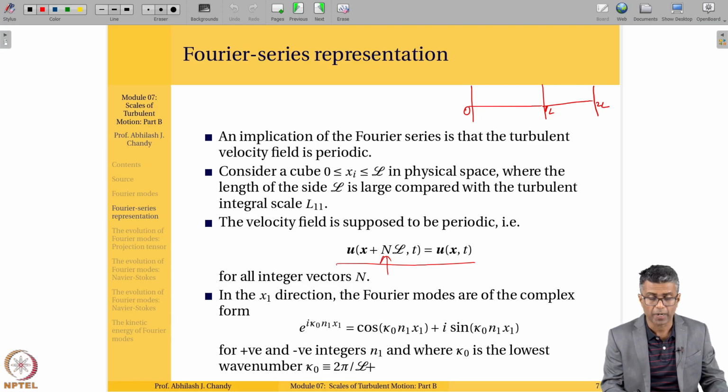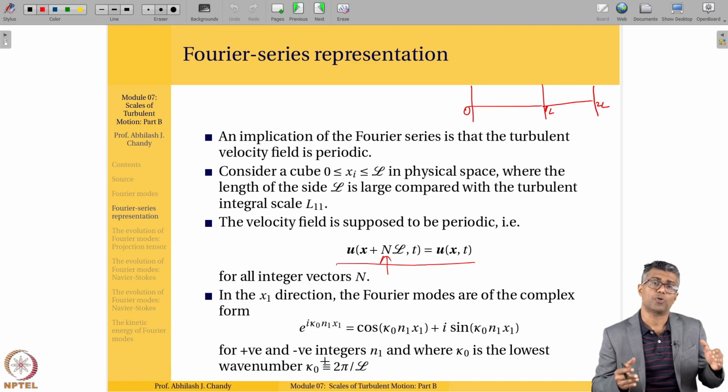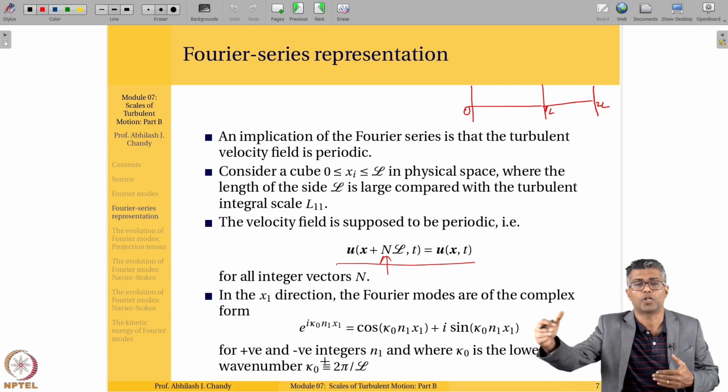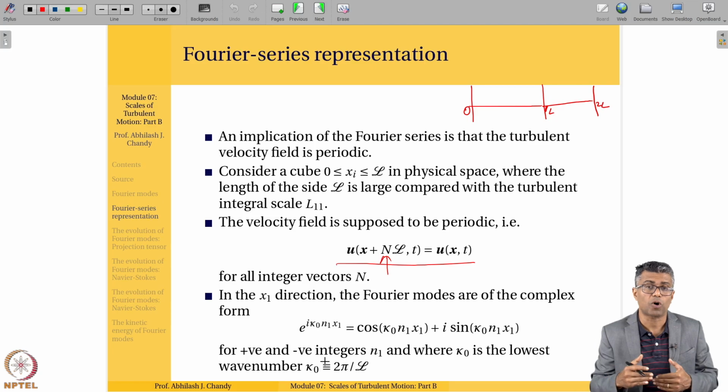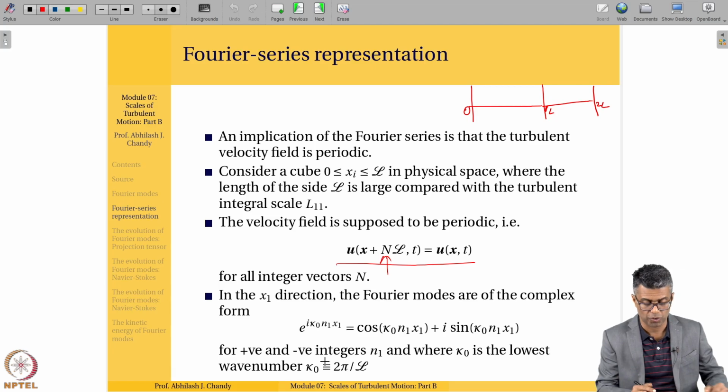So I have 2 pi over L, which is going to be the smallest wave number, and all other wave numbers are multiples of the smallest wave number. Makes sense. So if your smallest wave number is say 1, then you will have 1, 2, 3, 4, and so on and so forth. So it is all integer multiples of the smallest wave number. All your wave numbers are integer multiples of your smallest wave number.